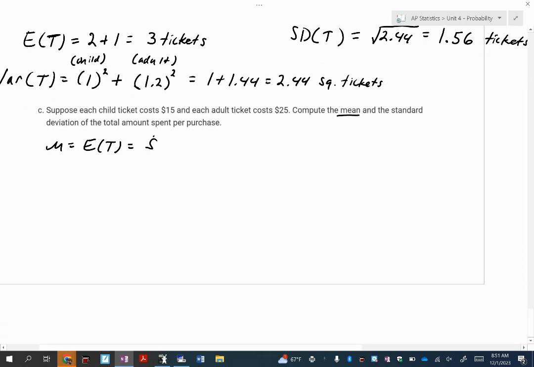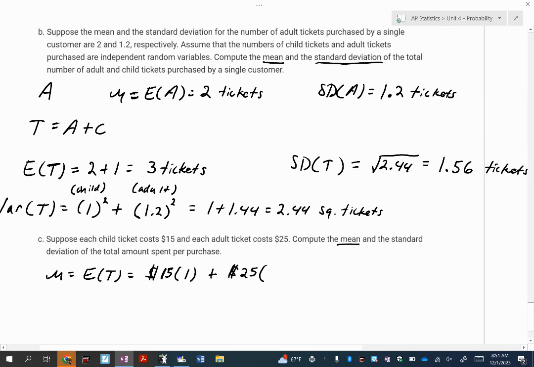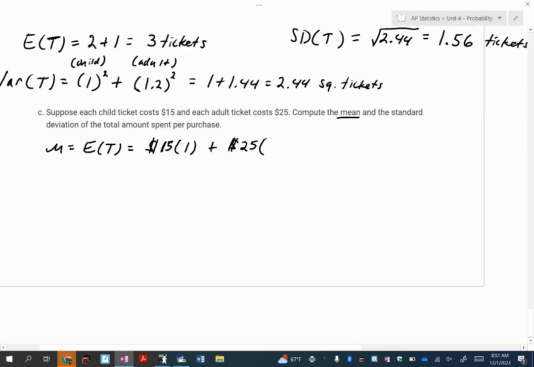Plus, how much are the adult tickets? 25. And how many are we expecting to purchase for the adults? It told us in part B, 2 tickets. So what's $15 plus $50? $65. You did it. That's the mean.